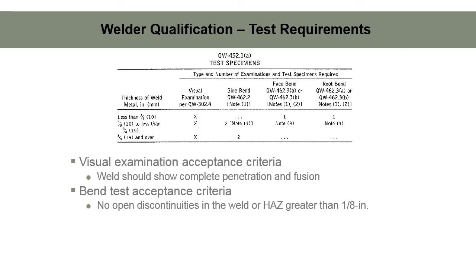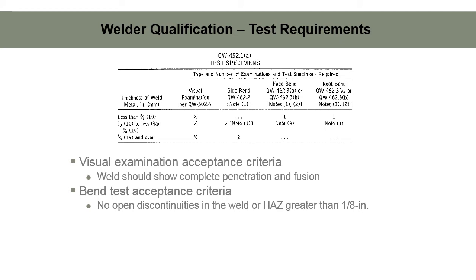This is the test requirements from ASME Section 9. You can see for welder qualification, so let's say we're going to use a welder qualification coupon that's 3/4 of an inch thick and over. So yep, we're going to require visual examination of the surface of the weld, and then it's going to tell us we need to do 2 side bend tests.